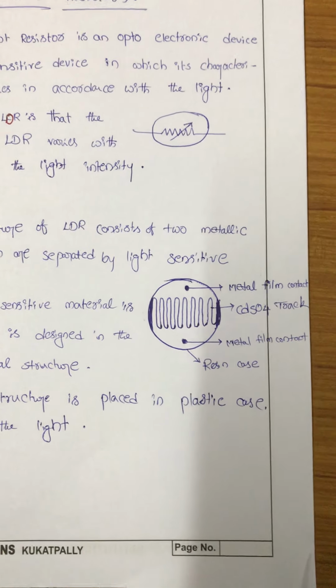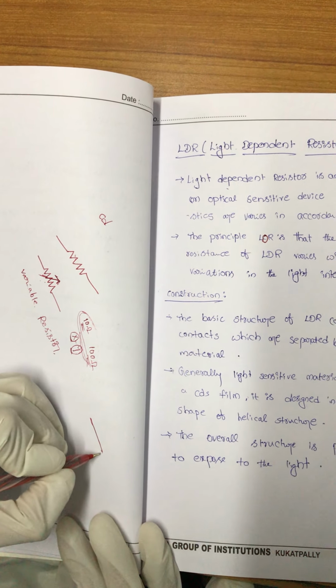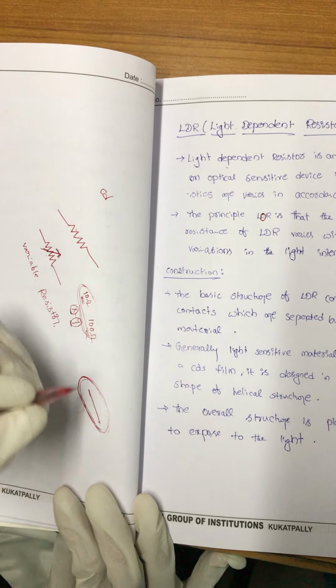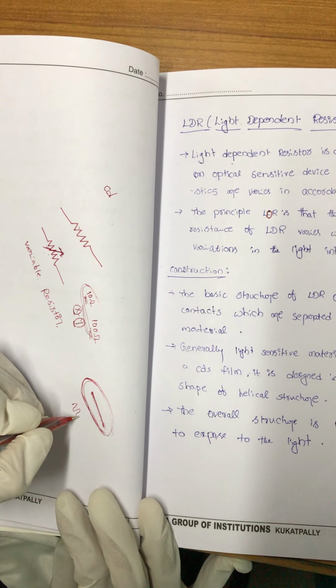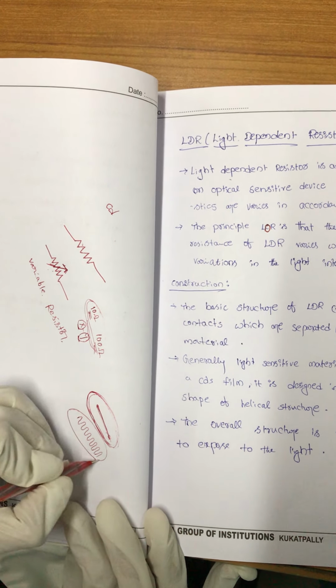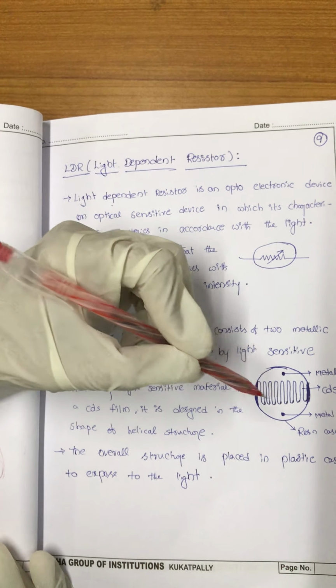For example, we can design a straight line also, but only a small amount of length will be constructed by using this straight line. But coming to the helical structure, we can design the maximum length of wire in this LDR. Okay, that's why we are using only the helical structure.